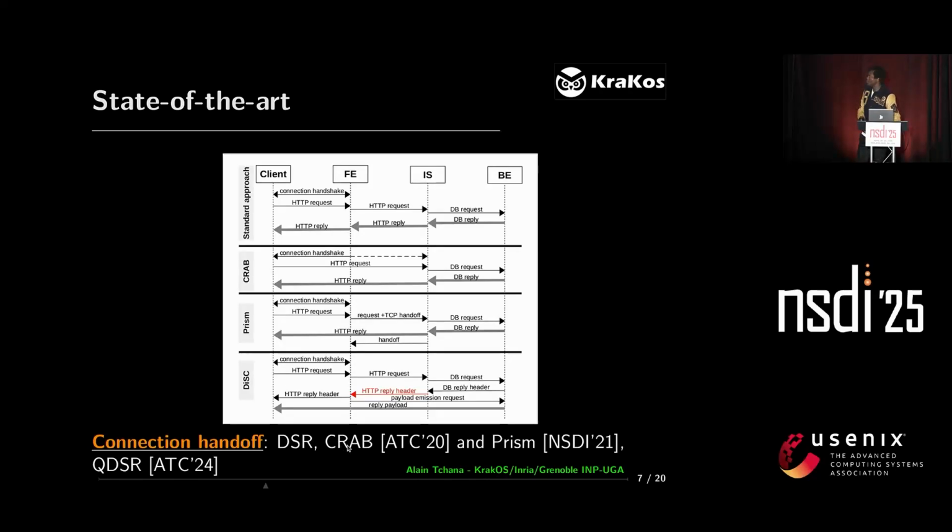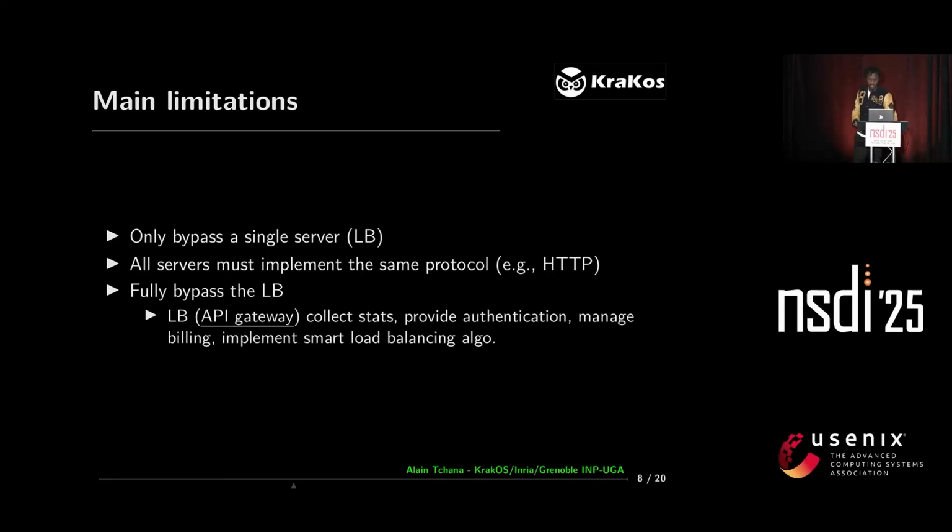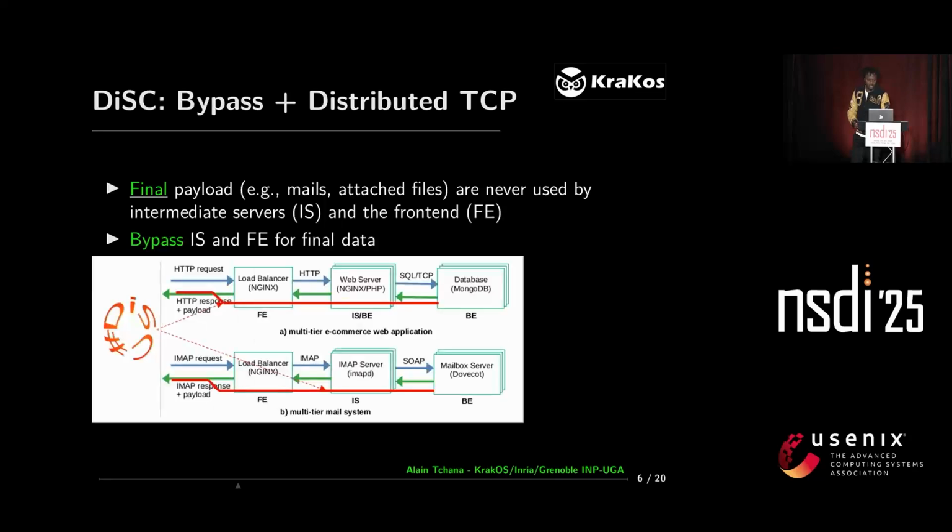You also have solutions like CRAB, Prism, or QUIC DSR, a version of DSR for QUIC. All these solutions cannot address the problem that we want to address here because of their limitations. They are only able to bypass one server, which is the load balancer. In our case, we want to bypass several tiers.